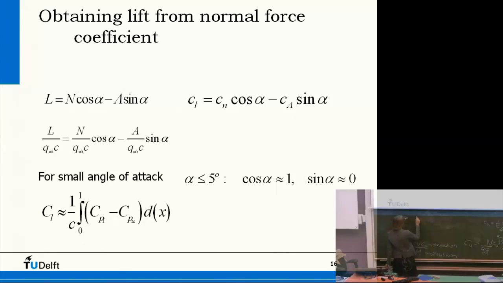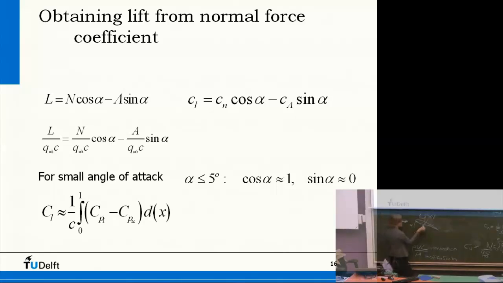So horizontal V, this is my chord. So this is the angle of attack, correct? Alpha. Then normal force is normal to the chord. Lift force is normal to the flow direction, V infinite.